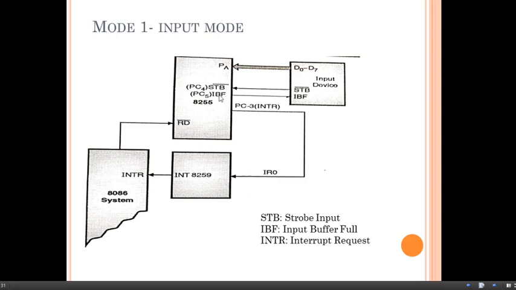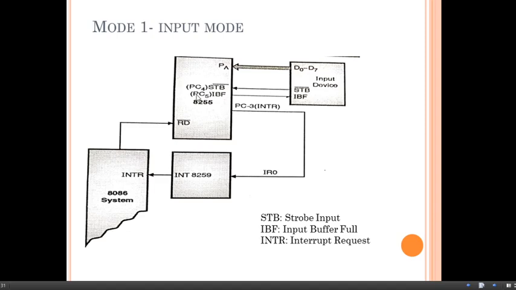When 8255 gets data with this STB bar signal, the input buffer contains the data byte. So 8255 will now generate this IBF signal. Means once the 8255 receives the input data in the input buffer along with this STB bar signal, in that case the 8255 will generate this IBF signal. Now the second handshake signal is IBF, that is input buffer full.